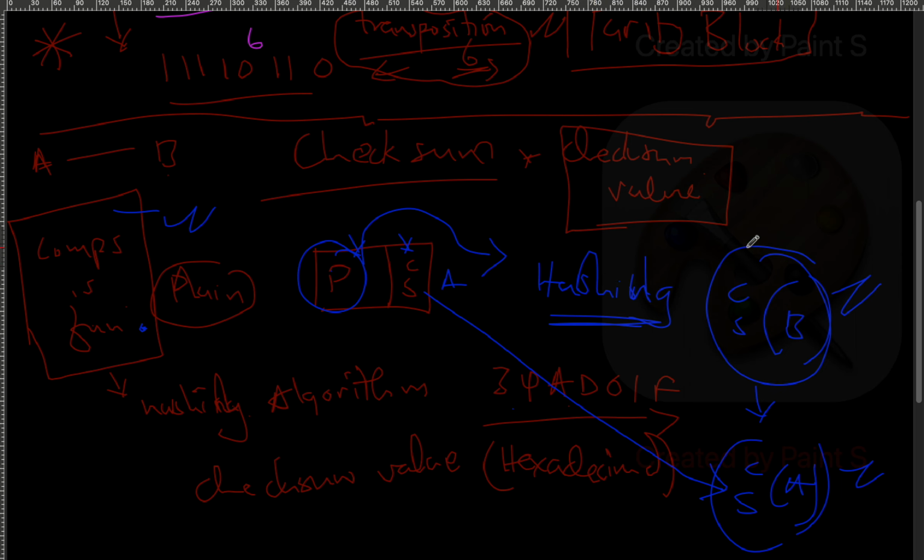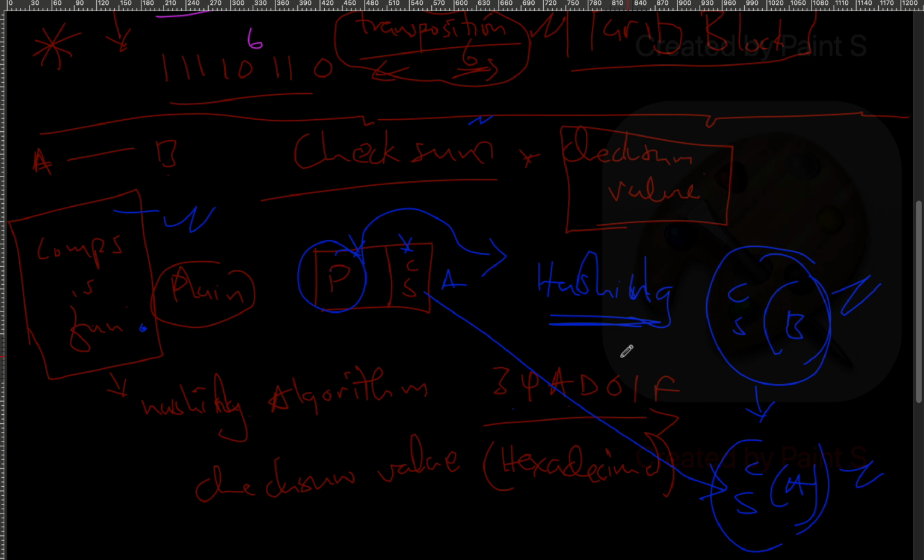The recalculated checksum value is then compared with the original checksum value that came together with the data. If these two are the same, then the transmission was successfully done with no error, and the data hasn't been tampered with. That's basically how checksum works.